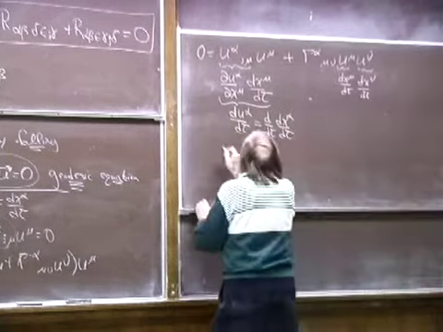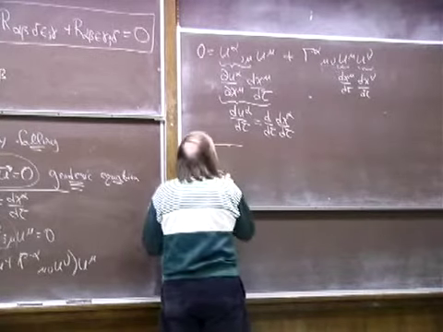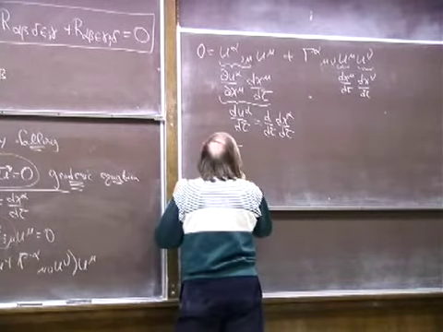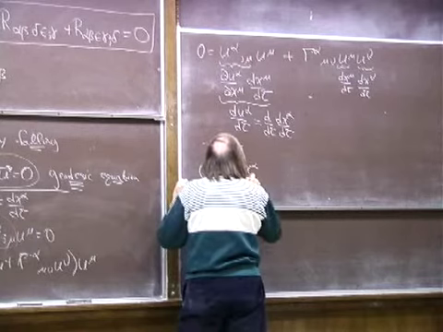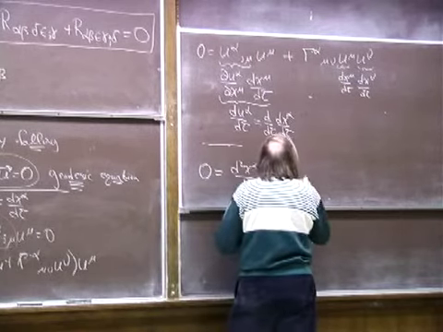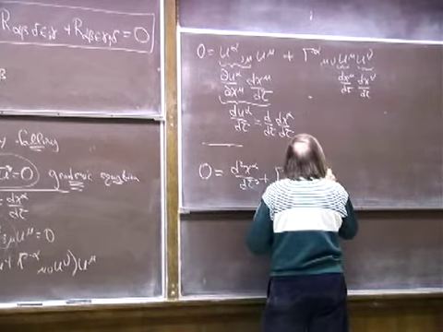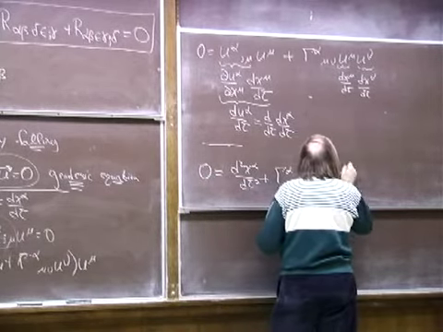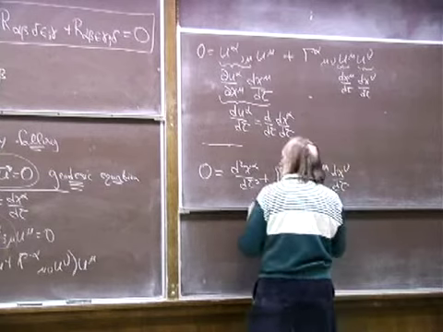And so I wind up in the end with 0 is equal to d²x^α/dτ² plus Γ^α_{μν} dx^μ/dτ dx^ν/dτ.